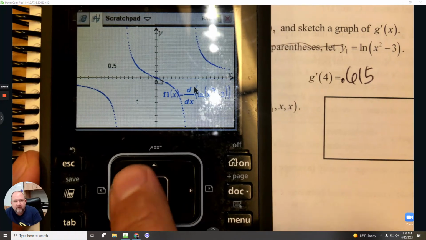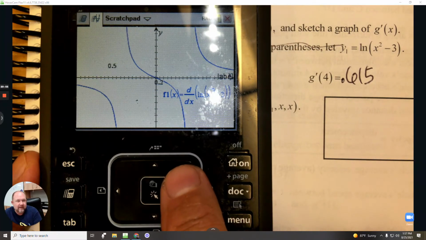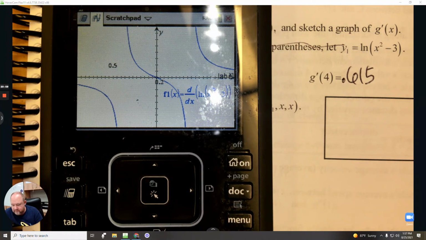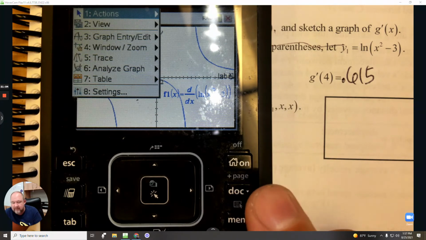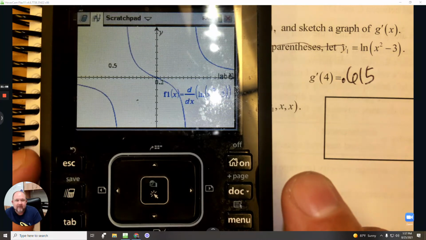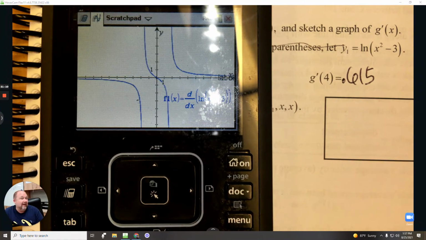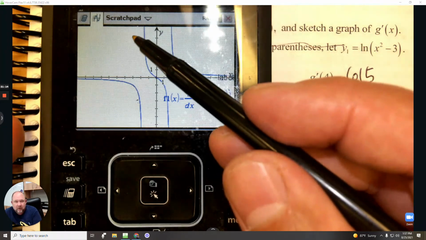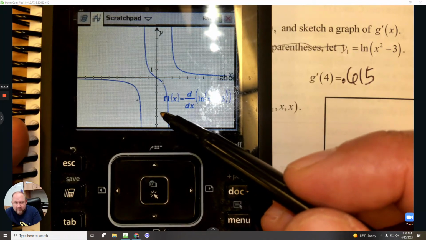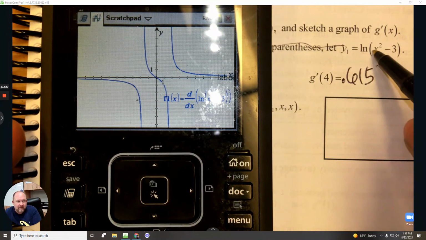And then if you want to expand out so you can see it a little bit better, we can do that too. You can press menu and window and just do a standard, number 5, kind of a standard view of it. Now, believe it or not, that's not the accurate graph because the middle part of the graph doesn't exist. See, a logarithm can't have a negative number inside.